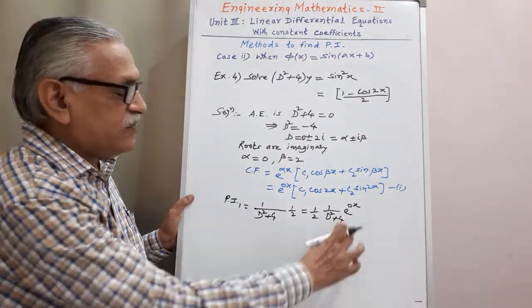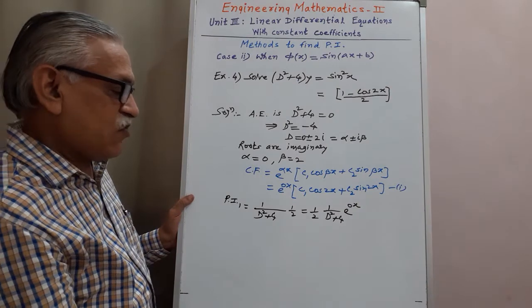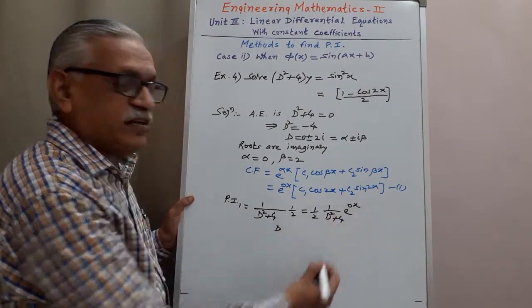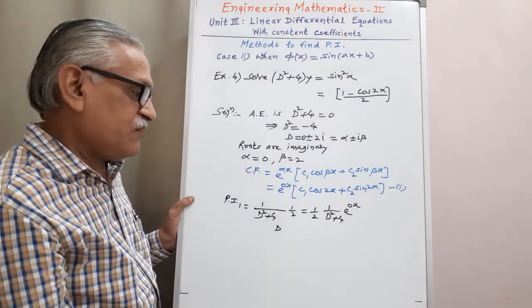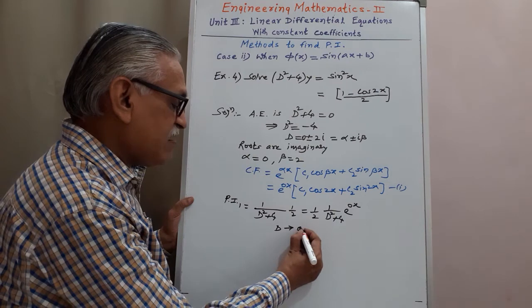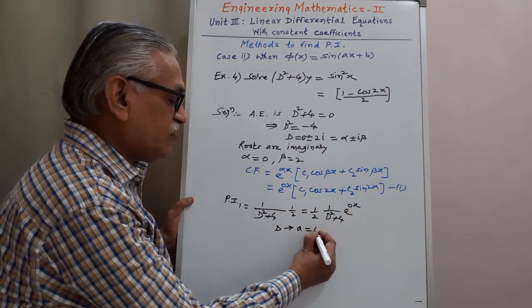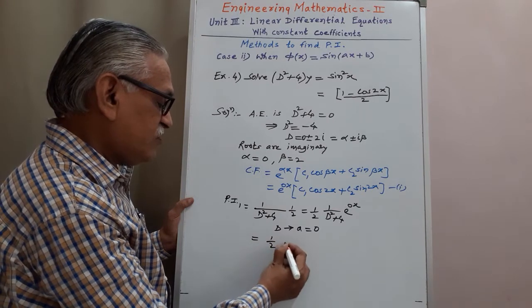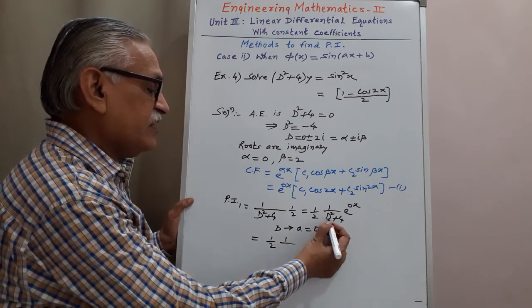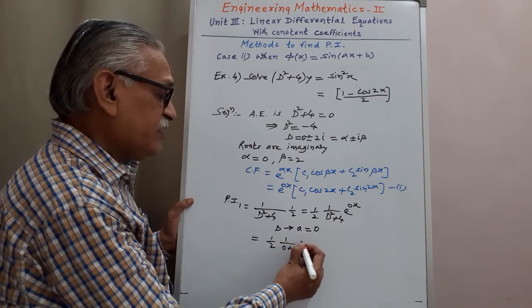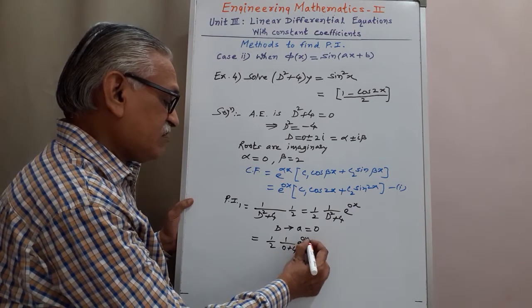Any constant we can convert in this form, and then applying the rule, it is case 1 for PI, where we have to replace D by a, here 0, and therefore PI is 1 by 2, 1 upon D replaced by 0, 0 plus 4 into e raised to 0x.